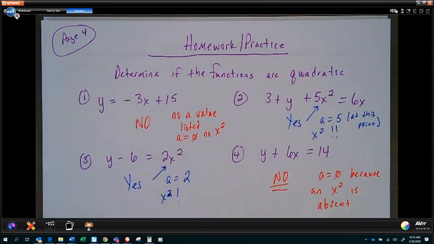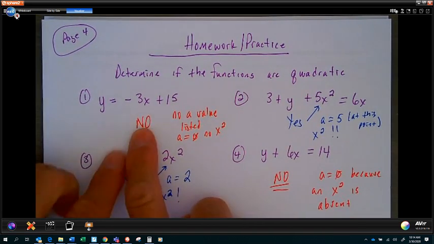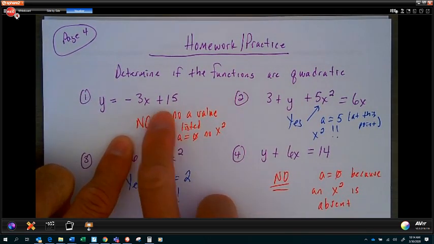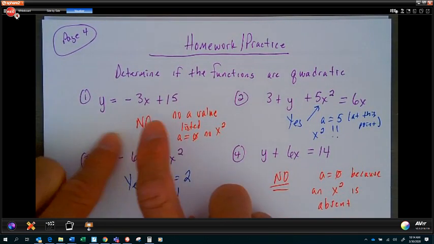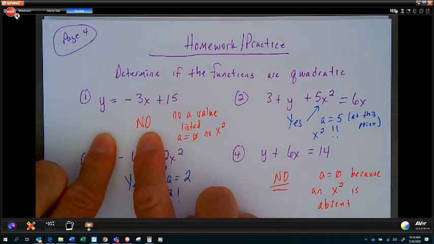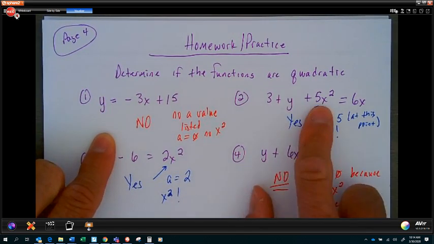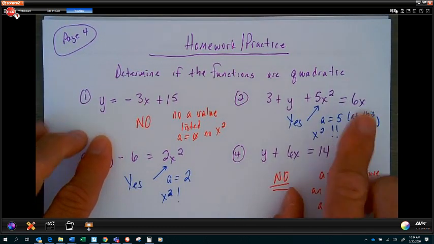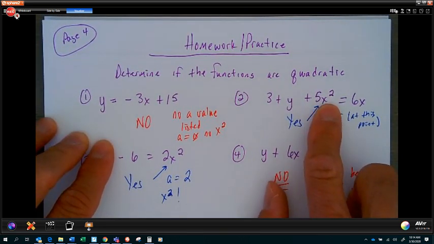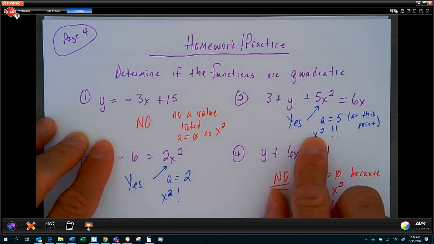Okay, here are the answers. There is no x squared listed in this, which means a equals 0. And because a equals 0, this cannot be a quadratic function. Number 2 is a yes. At this point, the a is equal to 5. When we change it to standard form, this 5 will move over there and it'll become a negative 5. But as of right now, we know we have an x squared value.